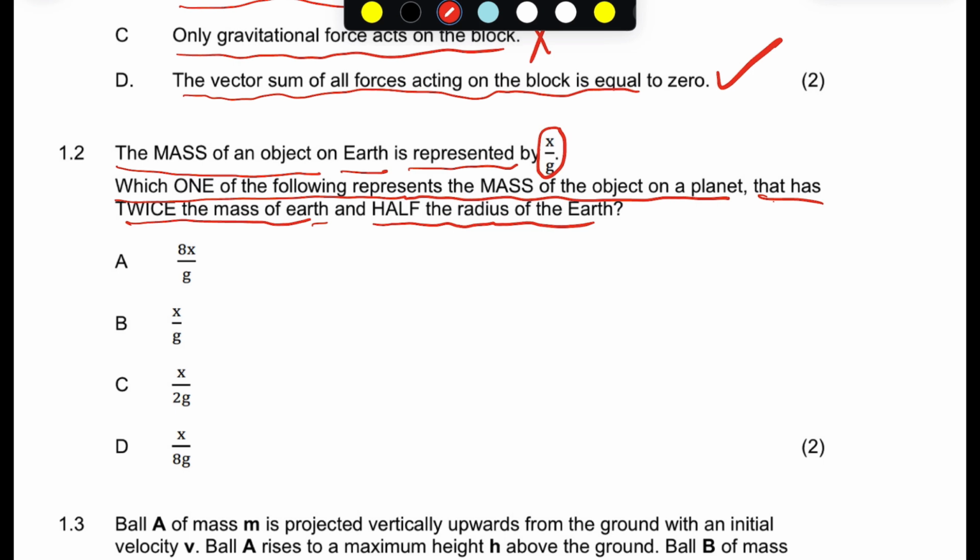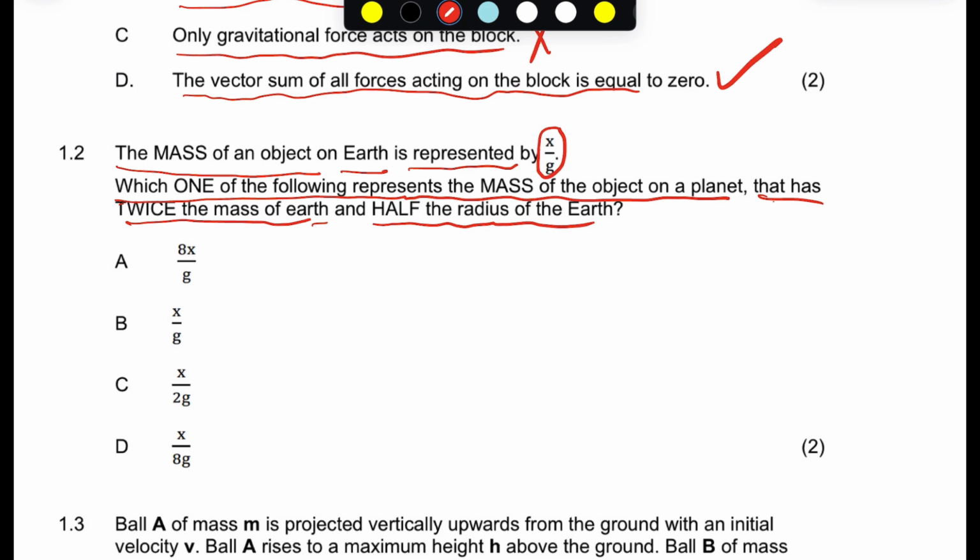the mass does not change. When the mass does not change, that means the only thing that changes in an object is the weight. In the universe, from planet to planet, what changes? The weight. The mass doesn't change.